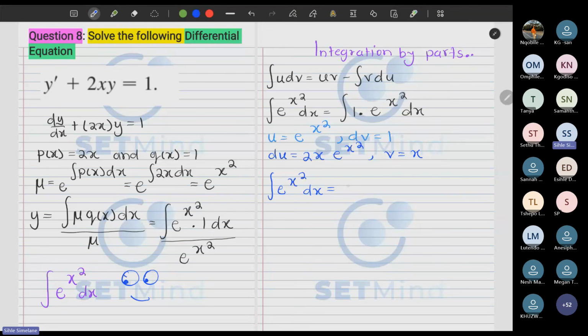So u times v is x times e to the x squared, and then minus the integral of our v, which is x, and then times du, which is 2. So it will be multiplied by 2. So I'll just write it as 2x squared e to the x squared, like that. Okay? And then dx.